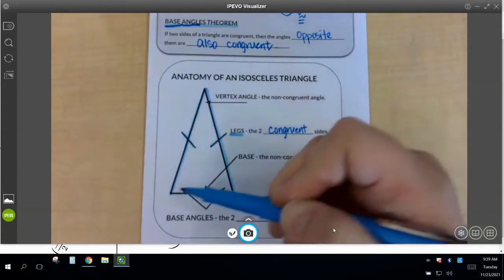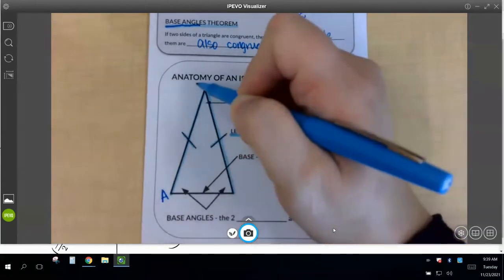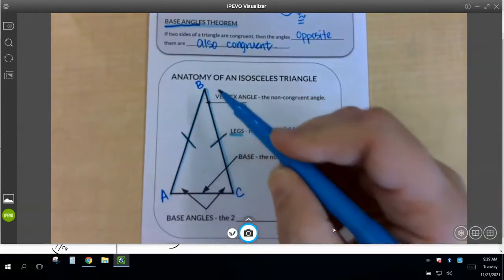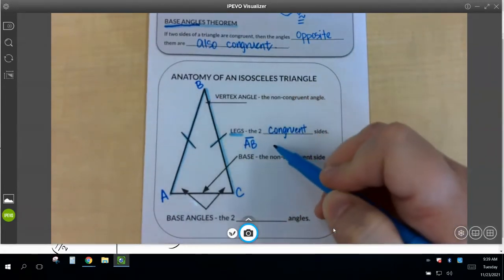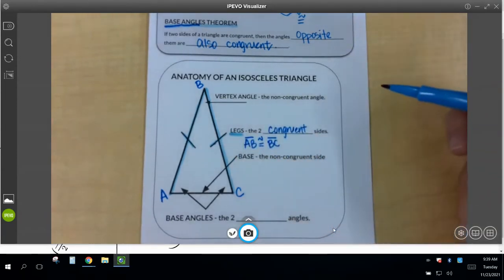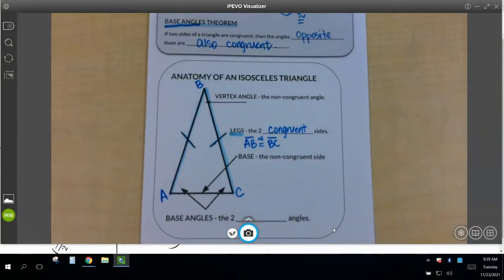If we name the vertices of the triangle A, B, C, the two legs would be side AB and side BC. And these markings are saying that they are congruent to each other.